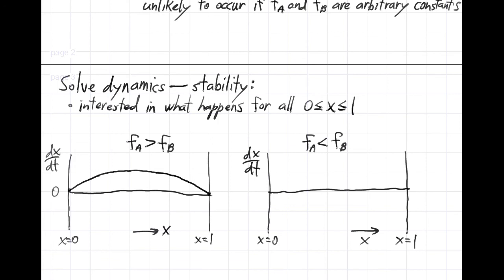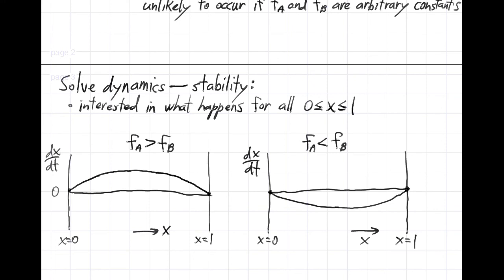On the other hand, if fA is less than fB, I think you can guess what happens. It's again a quadratic, so you get a parabola, but now it has to open upwards. So again it starts at 0, it decreases at first and then it increases, and again it crosses through 0.